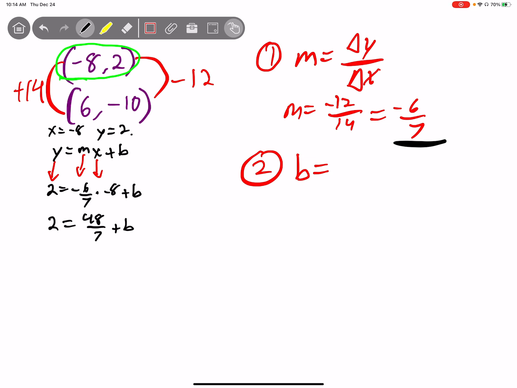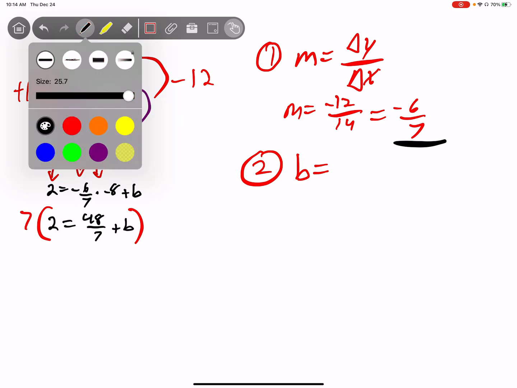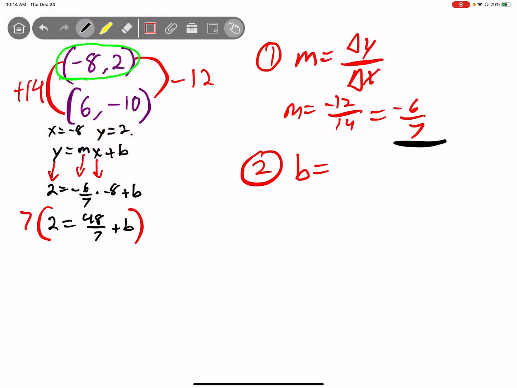Any of those methods work. For the sake of my sanity, I'm going to eliminate the fraction by multiplying everything by 7. Okay? Just like I taught you guys before, you can eliminate a fraction by multiplying everything by the common denominator, which in this case is 7.